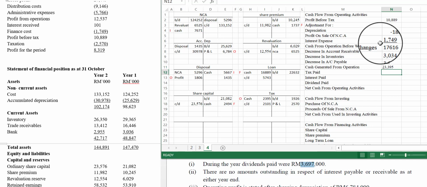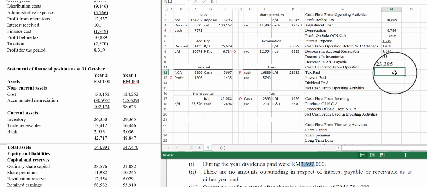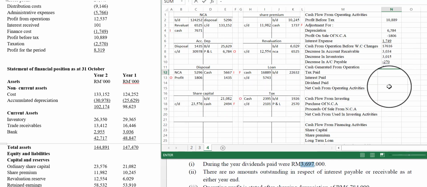Now then the tax paid, if you look at here, we prepared the tax account, right? Taxation 2395. So this is the amount you have paid, 2395 in terms of cash. Interest amount you pay 1749 because you don't have interest payable, so it will be the same figure. But if you have an interest payable account, then you have to open it and find out how much you actually paid.